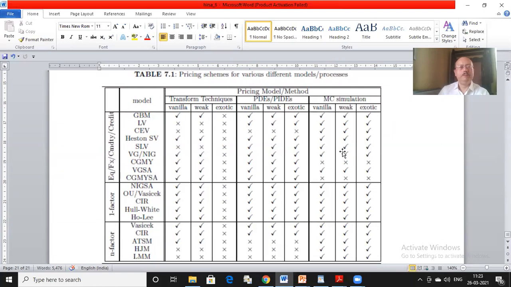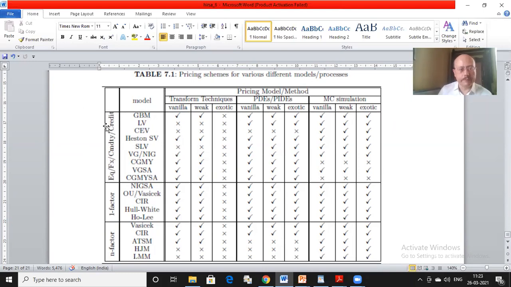The way to read it is as follows. Suppose I am looking at equity, foreign exchange, commodity, or credit derivatives, or interest rate derivatives. These are derivatives where the underlying is equity, which is stocks, foreign exchange, currency, commodity, all the commodities we discussed, or credit.